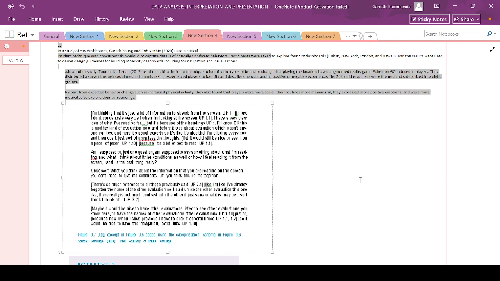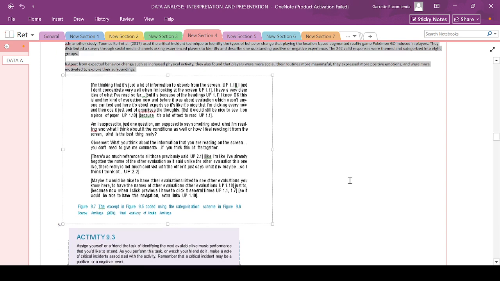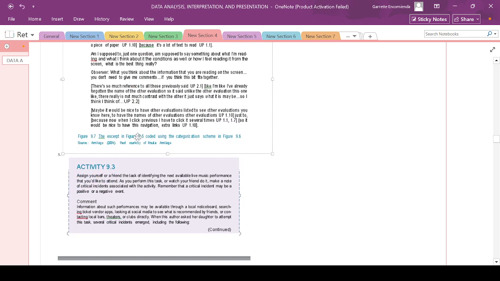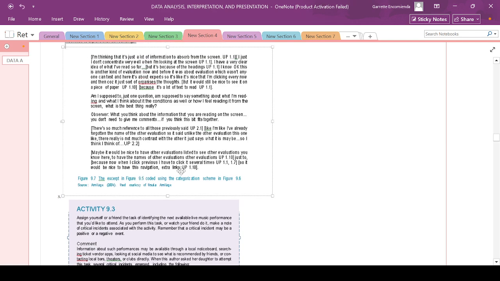Apart from expected behavior change, such as increased physical activity, they also found that players were more social, their routines more meaningful, they expressed more positive emotions, and were more motivated to explore their surroundings. So this is the example excerpt in figure 9.5 coded using the categorization scheme in figure 9.6.